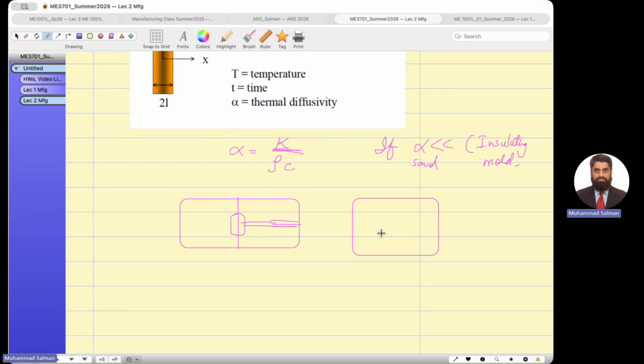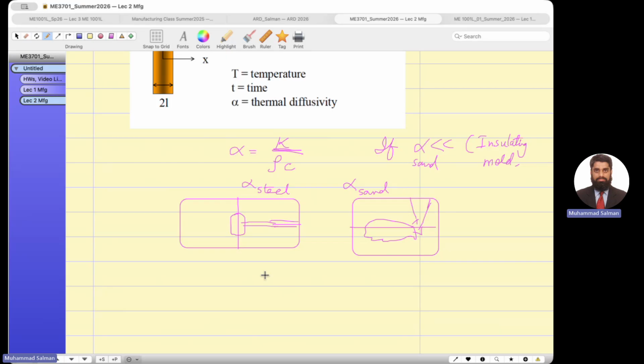It's a very rough sketch. This is the parting line. So look over here, this is the sand mold. So you will compare the thermal diffusivity alpha of sand versus the thermal diffusivity of the steel mold.